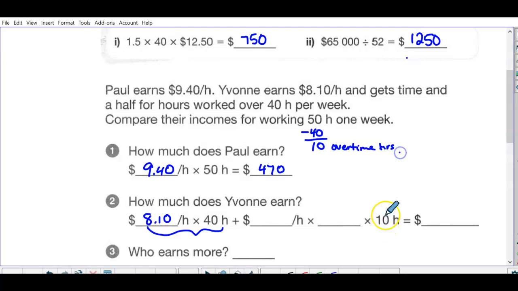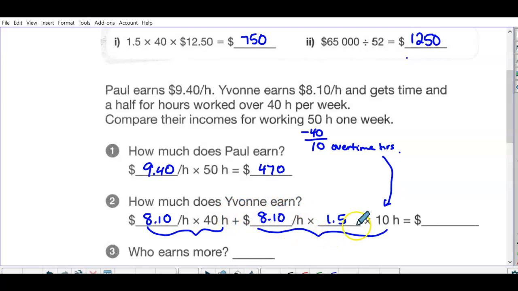Okay, so you can see that's the 10 here. So her hourly rate is $8.10, but she gets time and a half. So you multiply it by 1.5 and calculate what that is, and then add them together, right? Order of operation says you have to do multiplying before adding anyway.